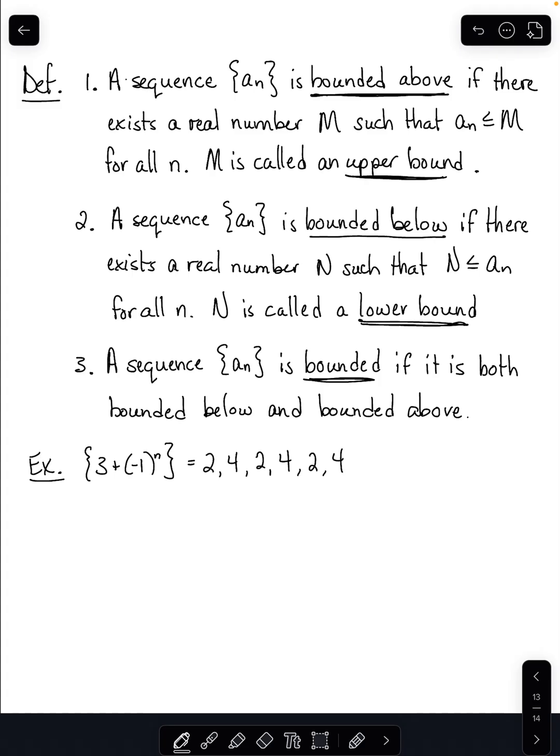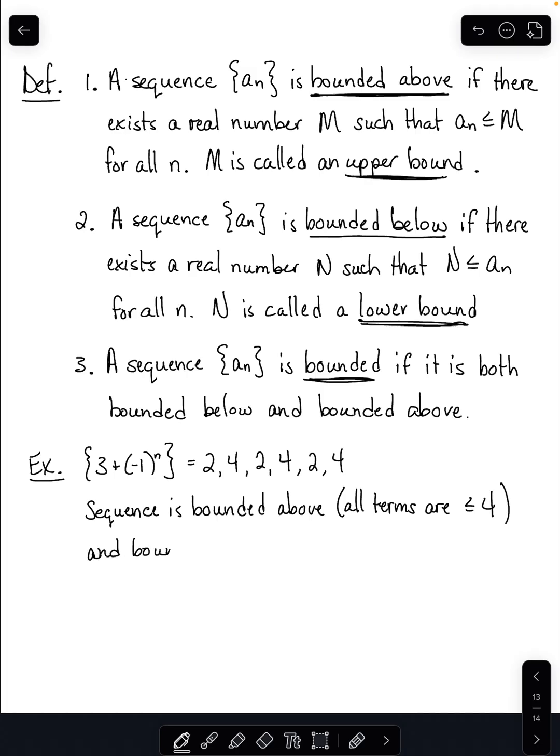And it is bounded below because no term ever gets smaller than 2. So this sequence would simply be called bounded.